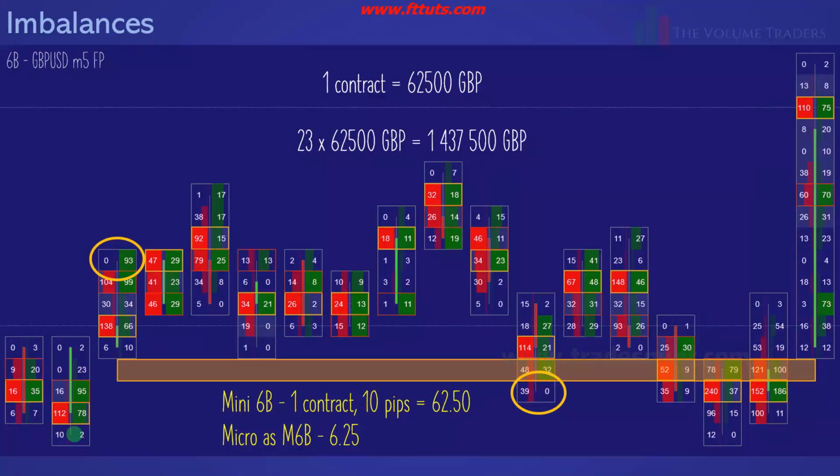So high probability that the price will go here in the near future, that this level will attract the price to potentially finish the auction and decide where the price wants to go. But as I said, this is only the theory, and I don't use this. So to find the imbalances, you should always be focused on the middle part of the candle. Not middle, just without the first and last cluster.